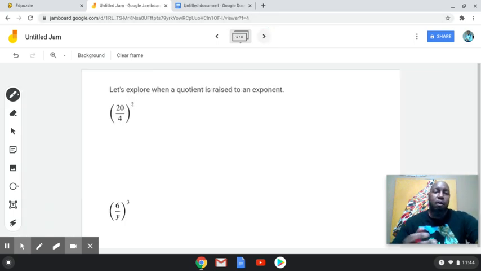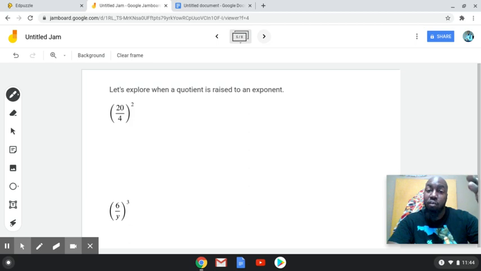Let's explore when a quotient is raised to an exponent. Now, the problem that you guys have in your book may be a little bit different. I just wanted to show you two different ways that this can be solved. The first way is that we have 20 divided by 4, the whole thing being raised to the second power. First thing I always ask my students is, can the numbers be simplified inside of the parentheses? Can 20 be divided by 4? Or you want to ask yourself, can 4 go into 20?